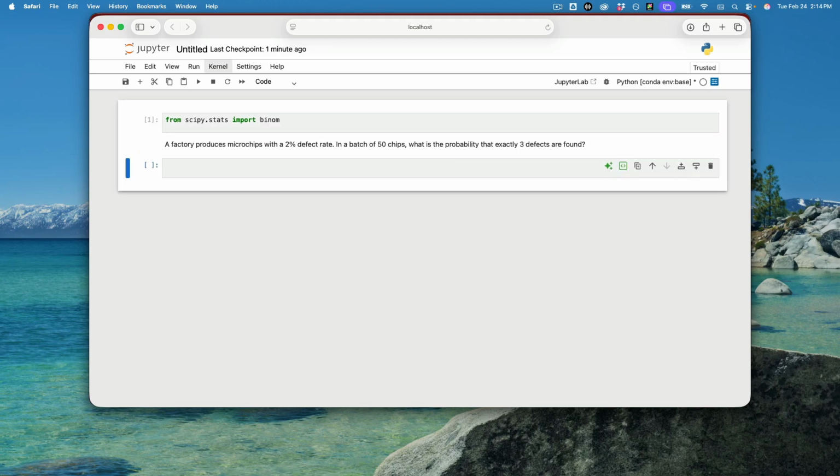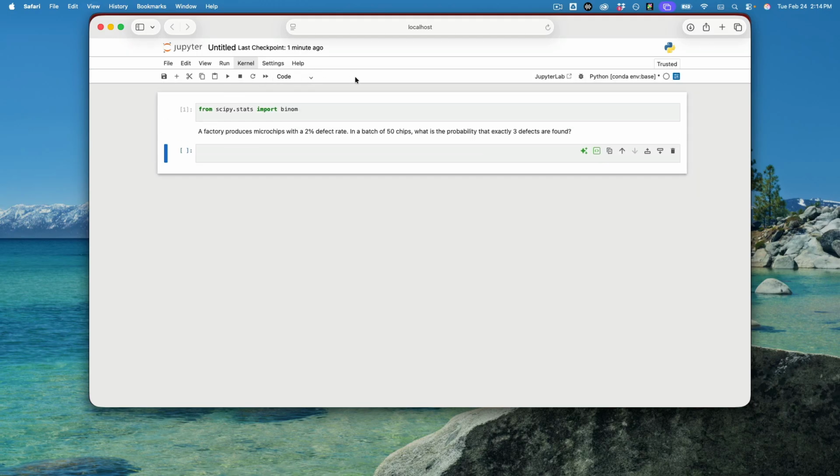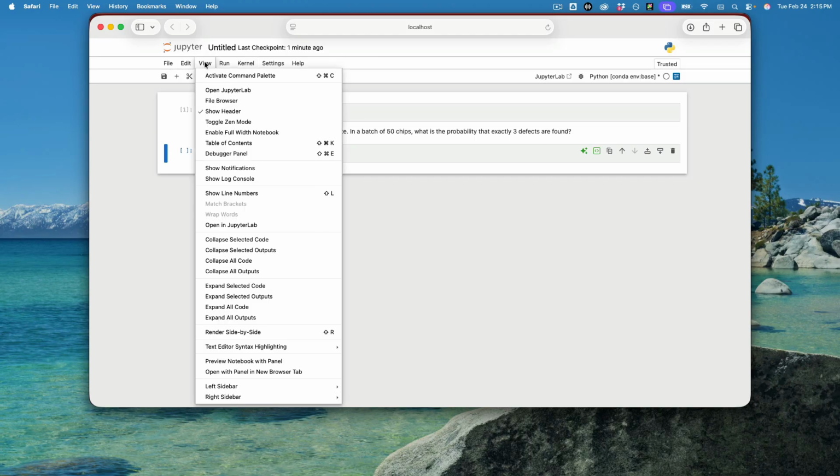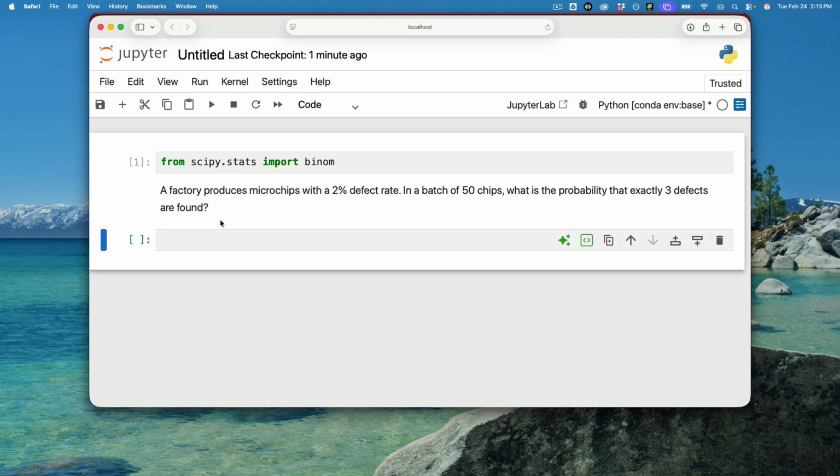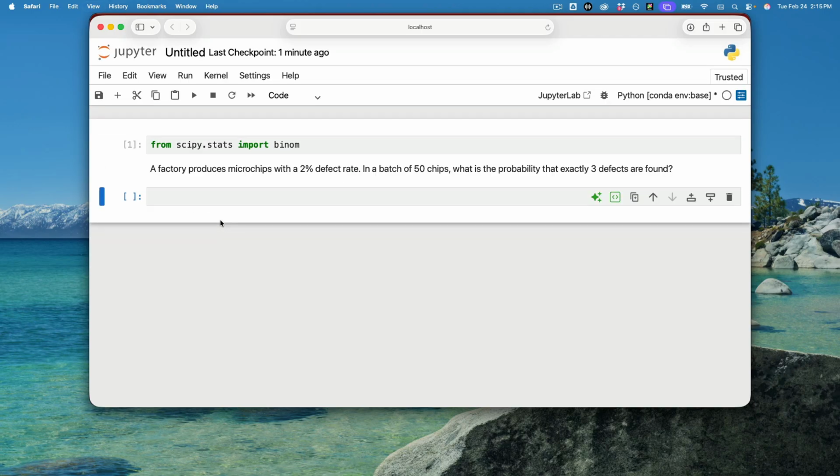Let me zoom in a little bit for those in the back. A factory produces microchips with a 2% defect rate in a batch.